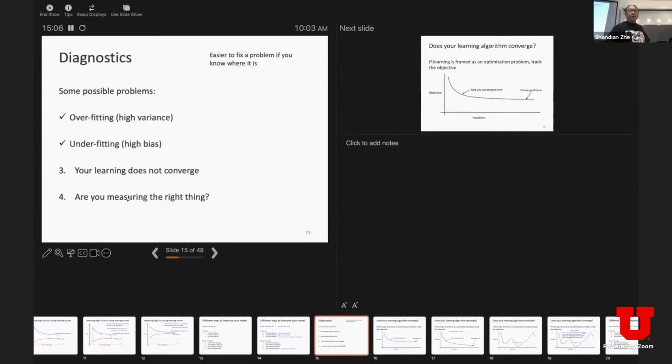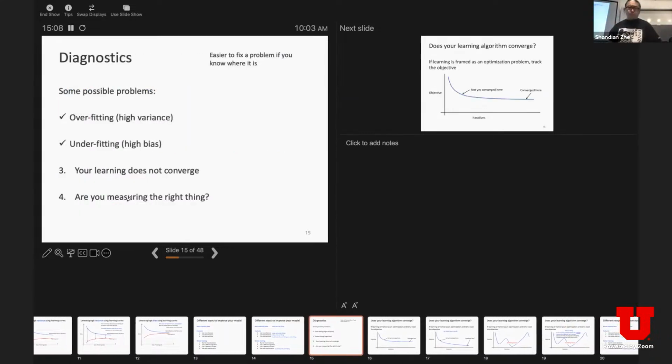So we talked about the strategies to discover overfitting and underfitting, and the strategies to address them. Next we'll talk about how to see if the optimization of your learning algorithm is problematic.